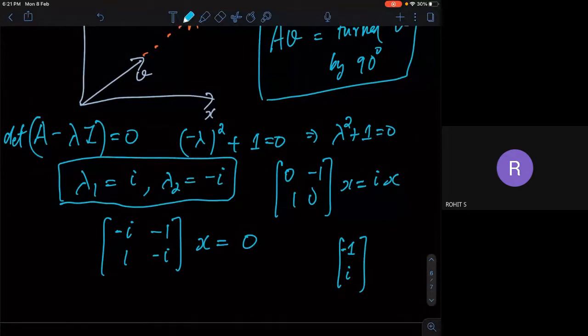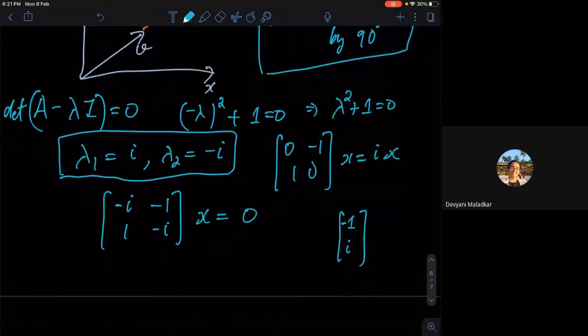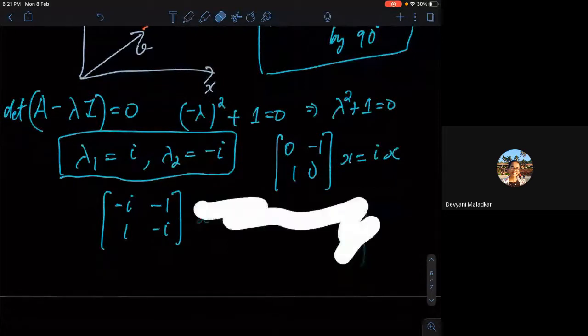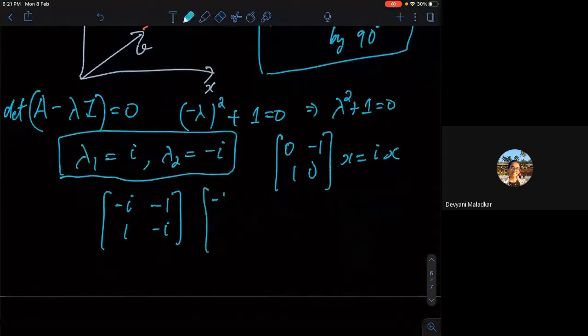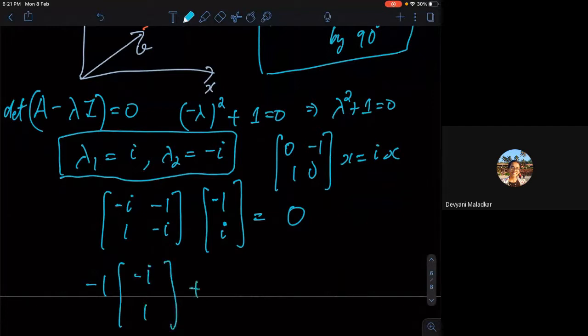Is this correct? Yes, sir. This is correct, right? So I'm going to do minus 1, i. This should give me 0. I think Devani has agreed that this is 0. Let me just check. So minus i, 1, and this is plus and minus 1, and this is minus i, and this is minus 1 plus 1, right?